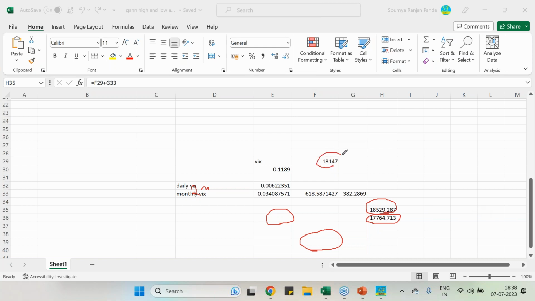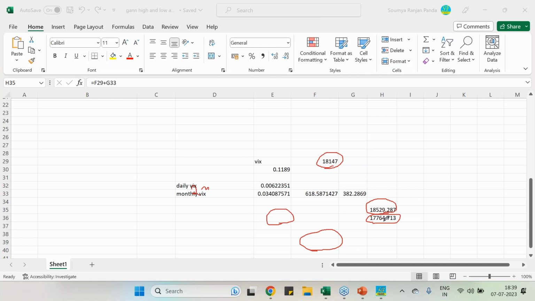Right now it is 18,147. From here, if it is rising till 18,530, consolidation will start. From here, if it falls to 17,764, consolidation will start.